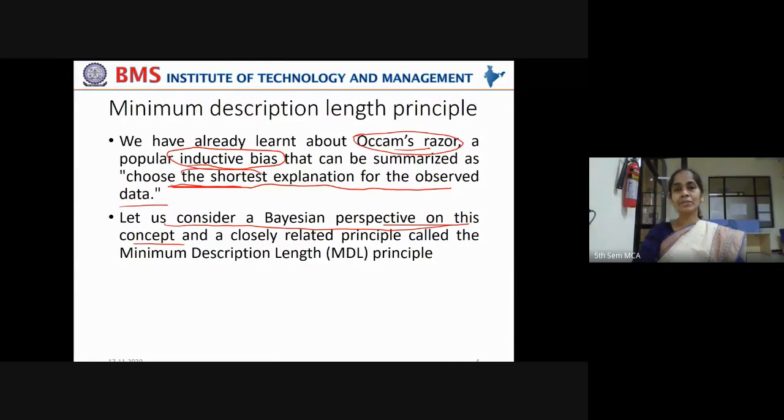What is Bayesian perspective? Always you attach probability to every concept, right? In order to draw some inferences, rather than drawing them without any support, you add some probability, so that you're making that statement with this much confidence, the probability of your statement becoming true is this much. If you assign such kind of measures, then it will be believable.